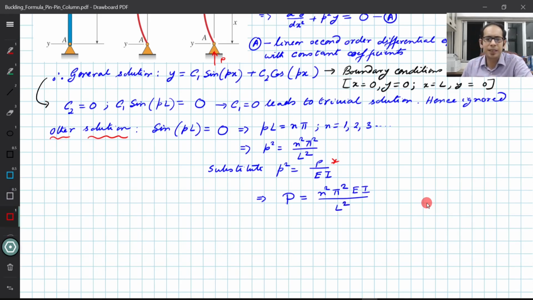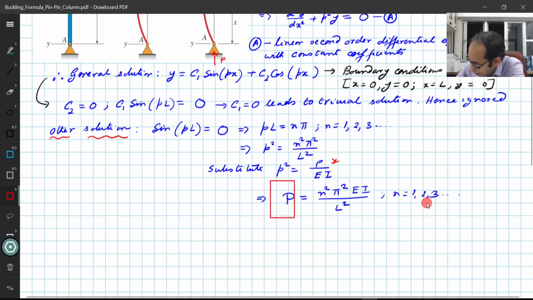So we get this capital P as n square pi square EI by L square. Now remember, this is for values of n as 1, 2, 3, and so on and so forth. This equation is important, so I'm going to put a box around that one.